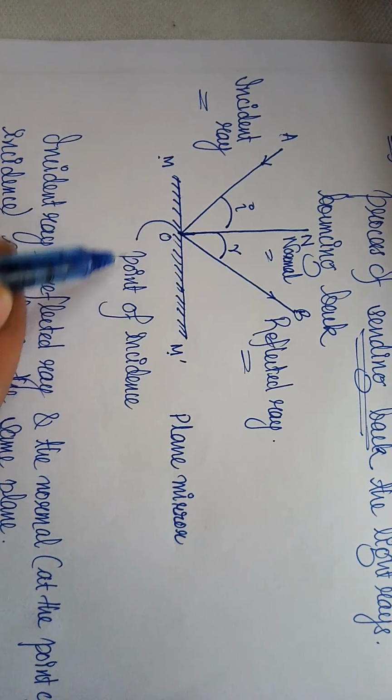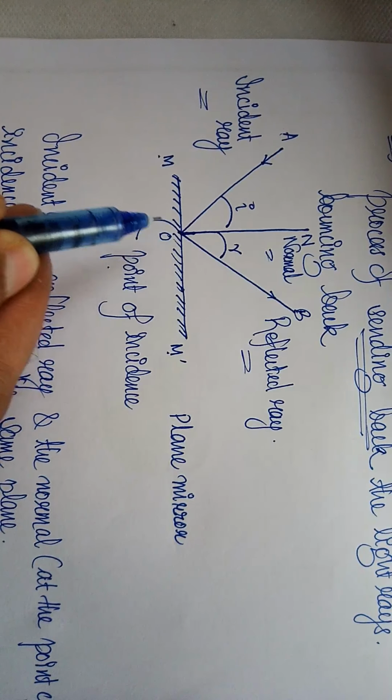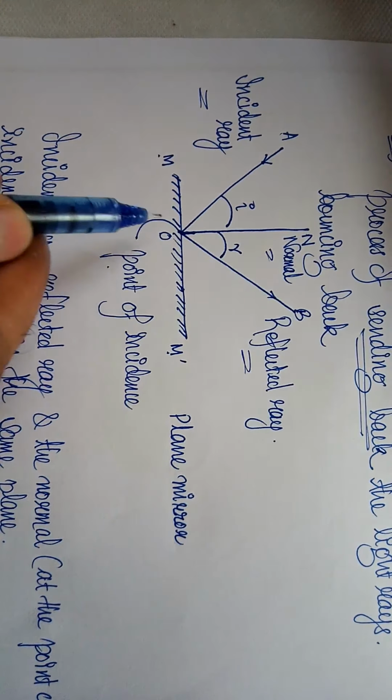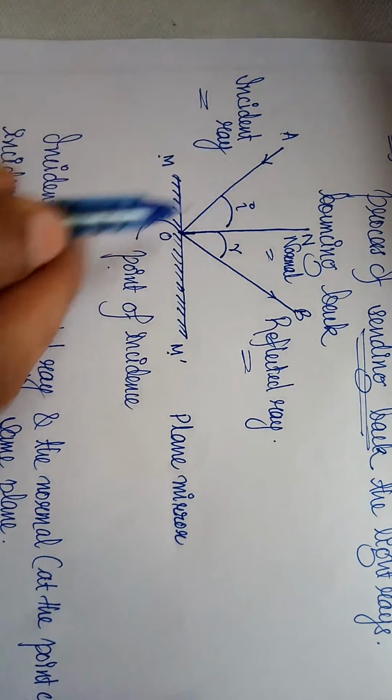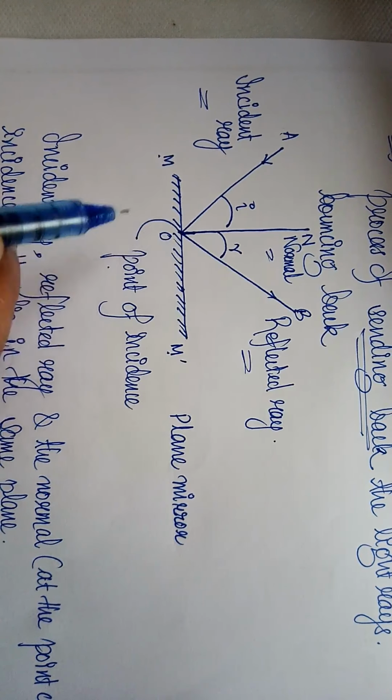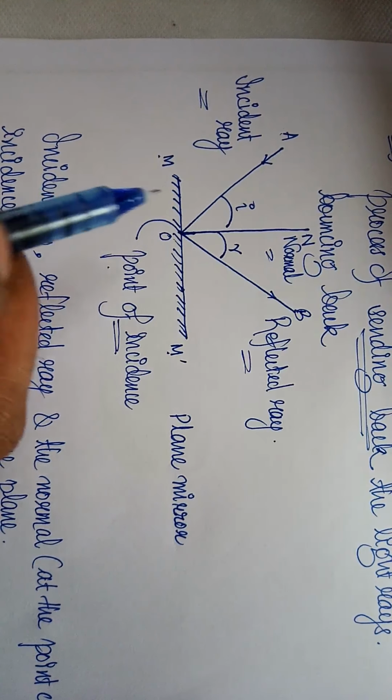The point O at which the incident ray hits the mirror is known as the point of incidence.